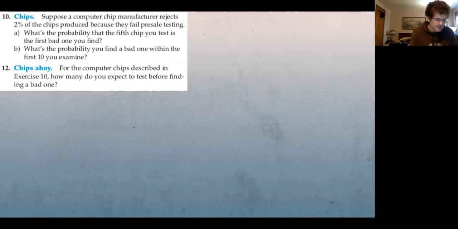Now we could also get the standard deviation of this random variable. It doesn't ask for it, but it's going to be the square root of 1 minus p over p. The probability of failure here is 98%. The probability of success is just 0.02.